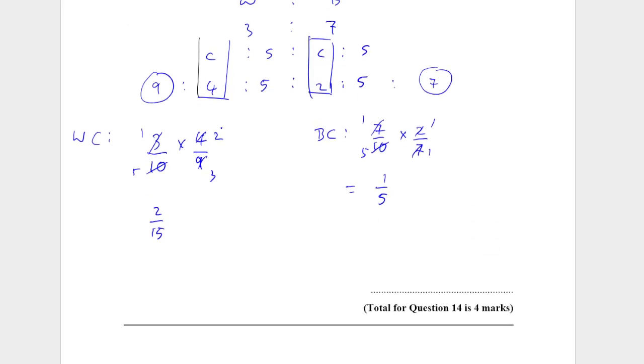If we add those two together, 2/15 plus 1/5 becomes 2/15 plus 3/15, so that would be 5/15. And 5/15 is the same as 1/3. So 1/3 of them would be circles.